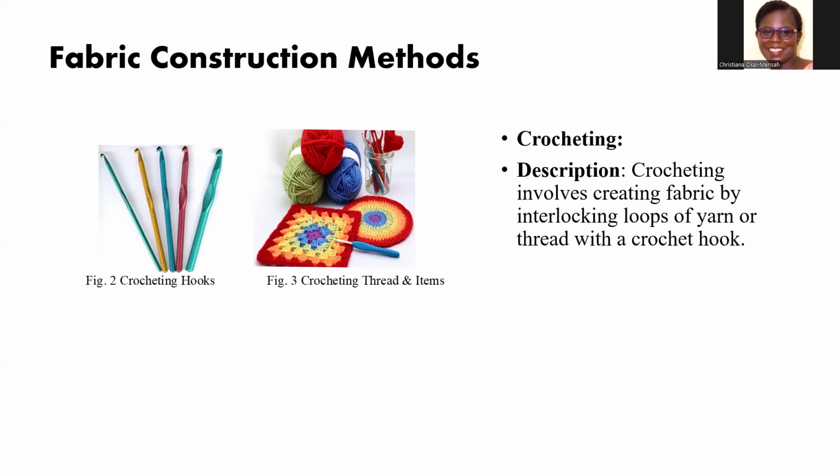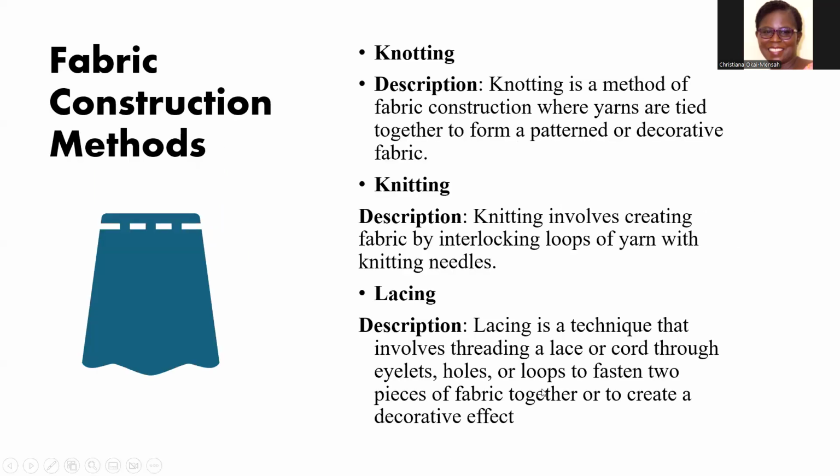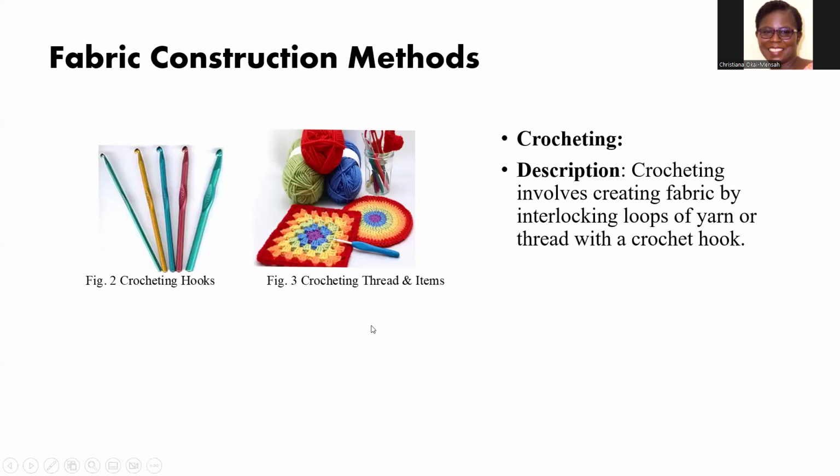Good. If you talk of fabric decoration, the fabric is already there and we are decorating the fabric. So you have crocheting items here. This is the crocheting thread. It's fluffy.